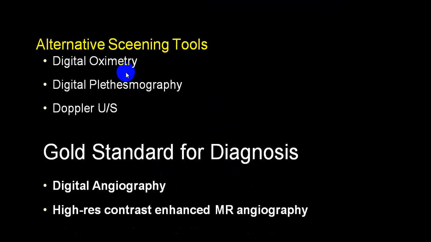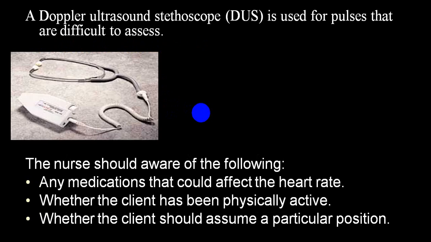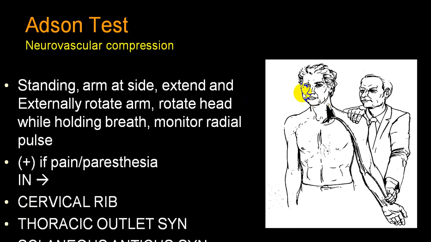And you can also utilize a digital pulse oximeter or digital plethysmography and Doppler ultrasound as sophisticated instruments to find out the arterial positions. You can utilize even a stethoscope with a Doppler. It is called Doppler ultrasound stethoscope, which you can utilize to find out finest sounds also.